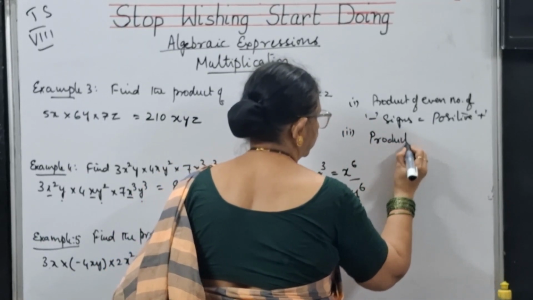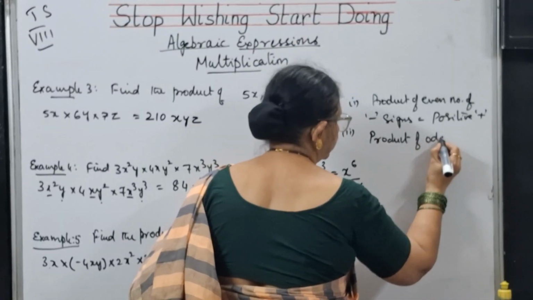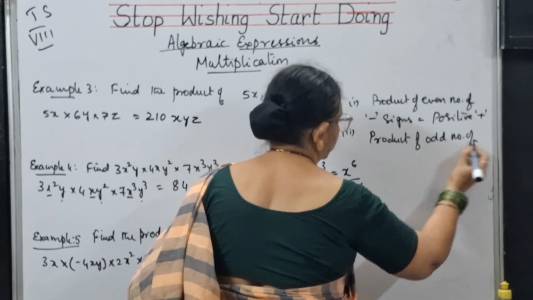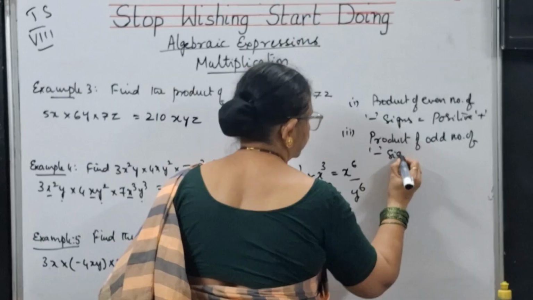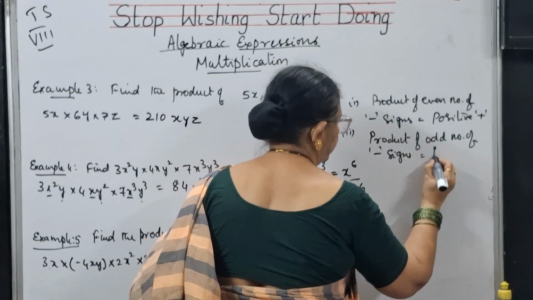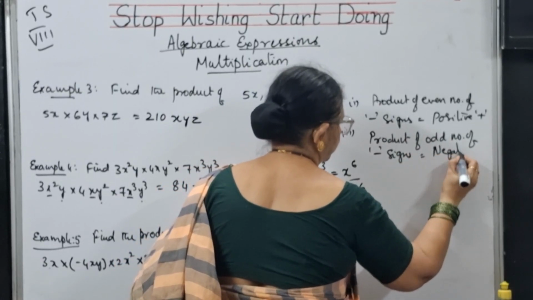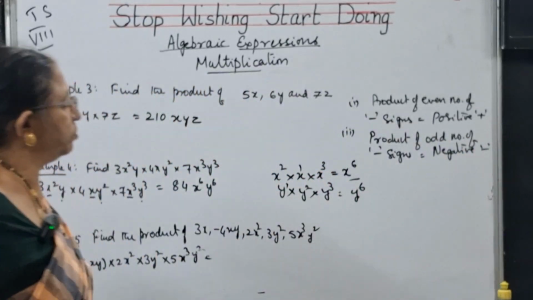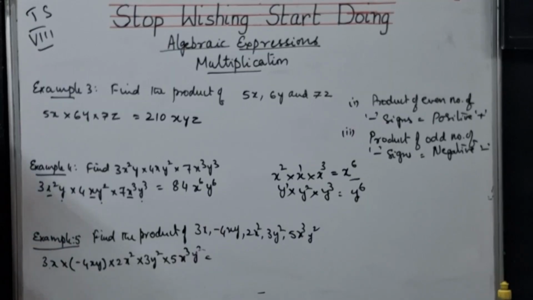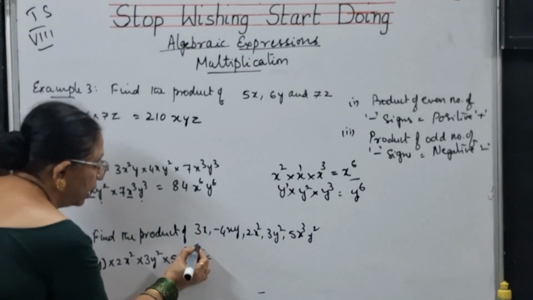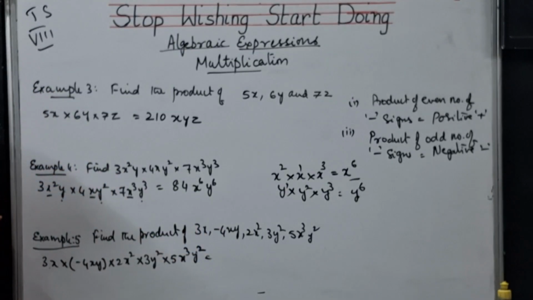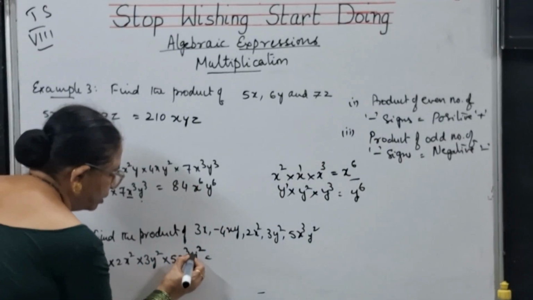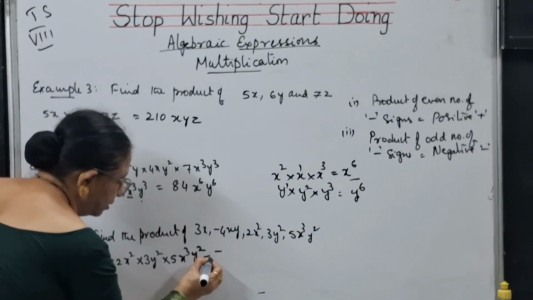Product of an odd number of negative signs always will be negative. So the answer will be minus. So whatever big problem, don't panic. You have to only identify how many negative signs are there. In this given problem, I have got only one negative. Remaining all are positive. One is an odd number, so I should get the answer in negative.